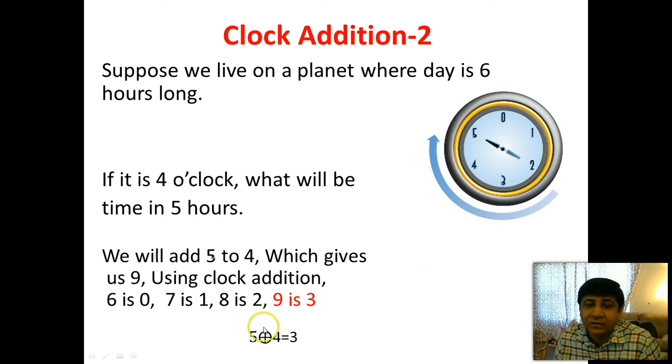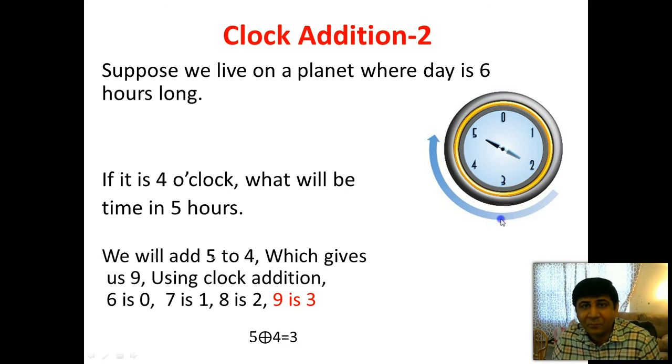So that's our answer. In our daily language, 5 plus 4 is 9, but since 9 is not on the clock, we have to remain on the clock. It is 3 there. We are going in circles, and the key idea here is that 6 is 0, 7 is 1, and 8 is 2.